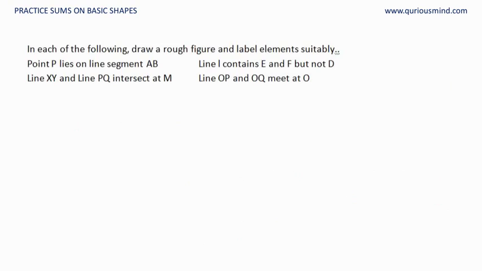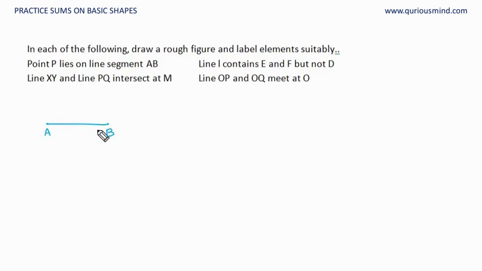In each of the following, draw a rough figure and label elements suitably. The first one, point P lies on line segment AB. So to draw line segment AB, we need endpoints. So we need an endpoint here called A, and then we need an endpoint here, let's say called B. And a line segment is the join which is the shortest distance.